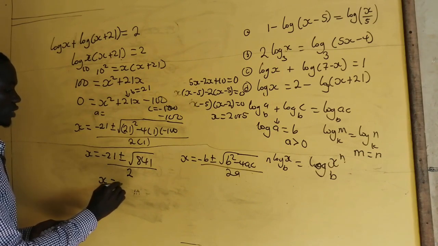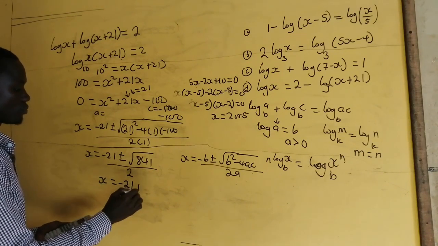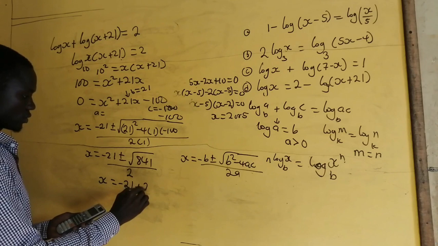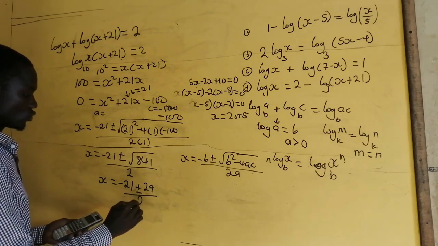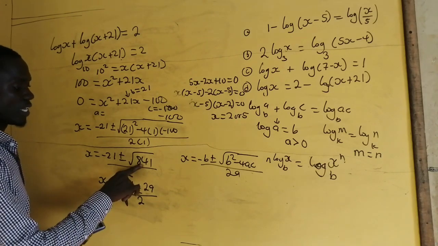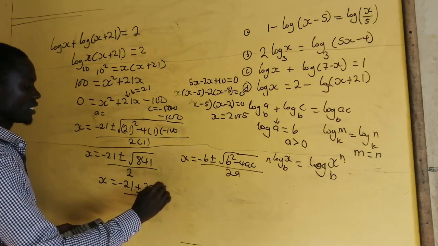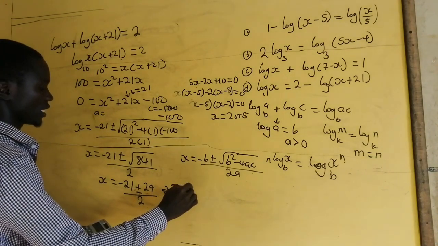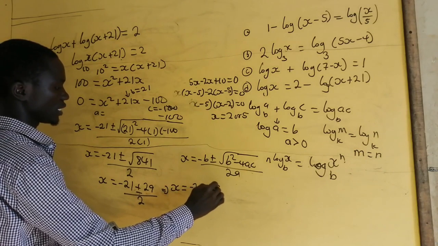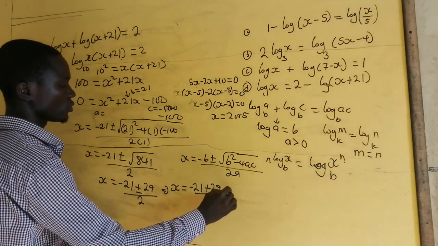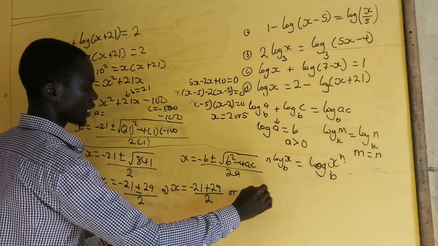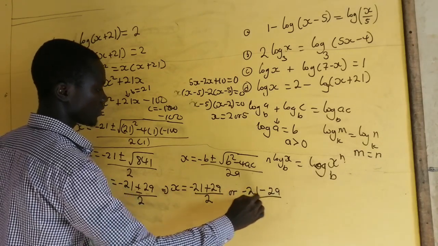Now I have x equal to negative 21 plus or minus 29, divided by 2, since the square root of 841 is 29. So this implies that x equals negative 21 plus 29 divided by 2, or negative 21 minus 29 divided by 2.